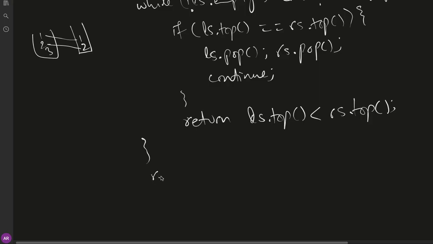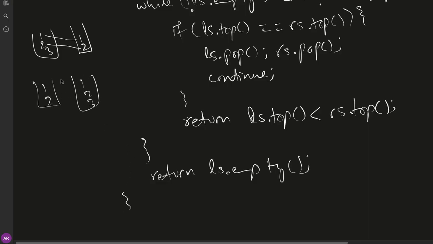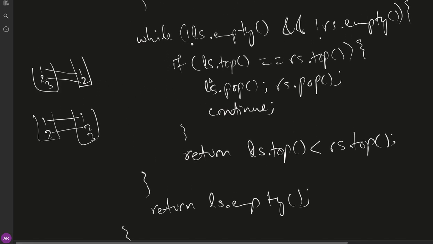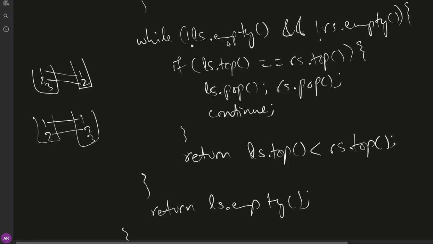So we just return whether the left stack is empty. Now how would this work? Let's say the left stack has 1 2, and the right stack has 1 2 3. In the while loop we compare the first values, then the second values, and then we get out of the loop because the left stack has become empty.